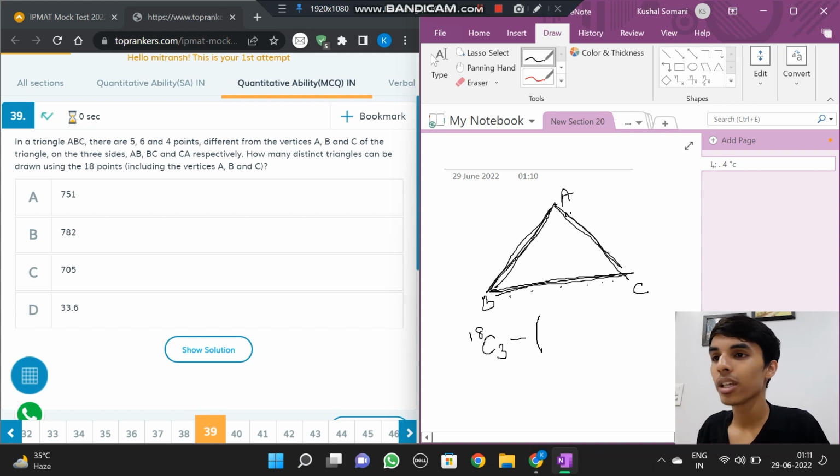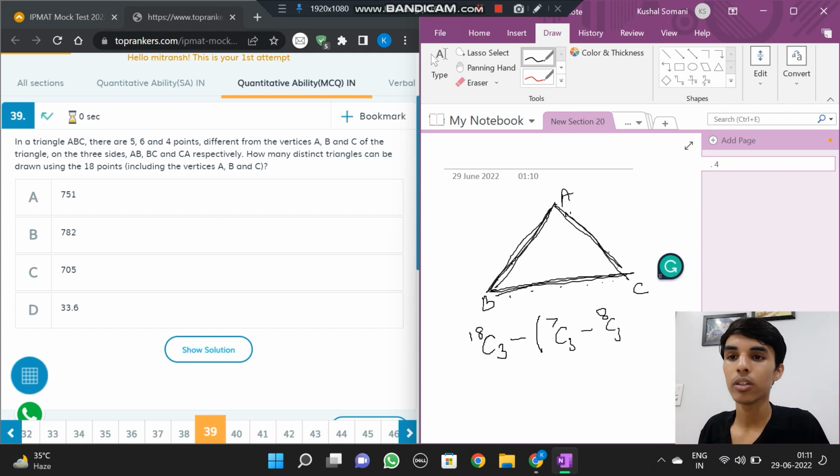On AB, there are a total of 5 plus 2 vertices, that is 7 points. So 7C3. Minus on BC, there are a total of 8 points, so 8C3, and CA total of 4 plus 2, 6 points, so 6C3.